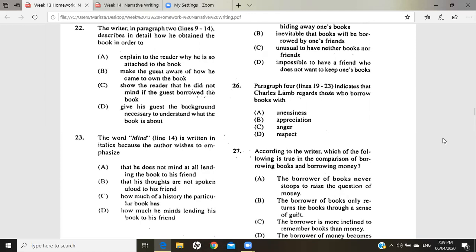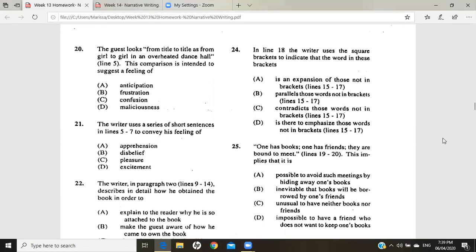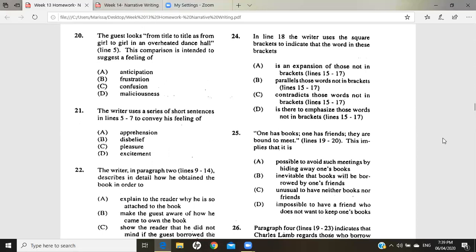23, the word mind in line 14 is written in italics because the author wishes to emphasize what? How much he minds lending the book? Yep, the answer is D, how much he minds lending the book. Number 24, in line 18, the writer uses the square brackets to indicate that the word in these brackets, when you look at the words in the square brackets, what do the words do?